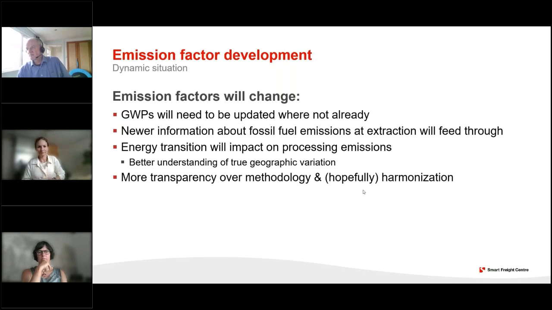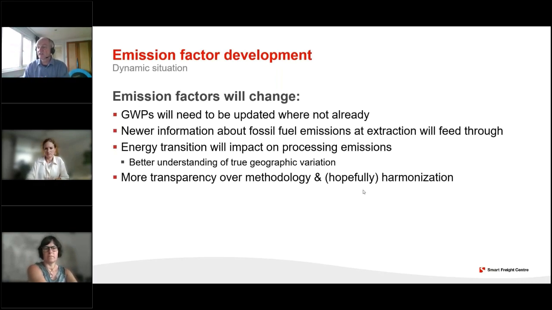It's a marginal impact, but you do see it, and it's important to keep up to date. One other thing is that as the energy transition progresses, you're likely to see lower emission electricity being used to power fuel production, which means that that should feed through to lower energy provision emission factors, or to put it another way, the well to tank element should drop, and so that should feed through.